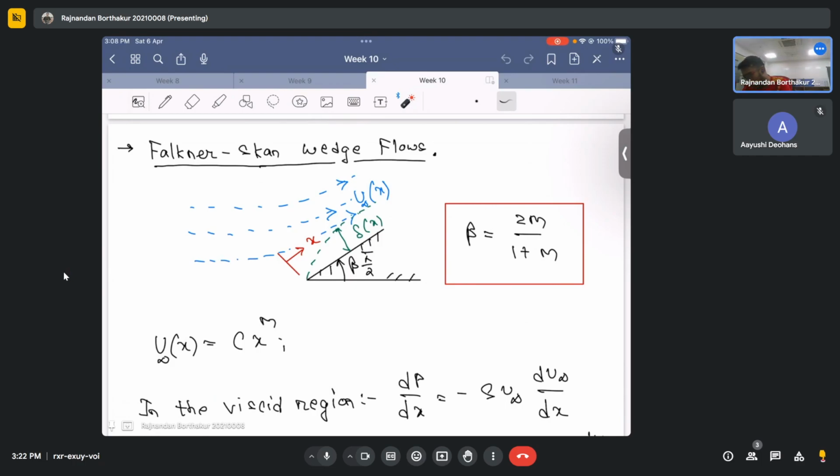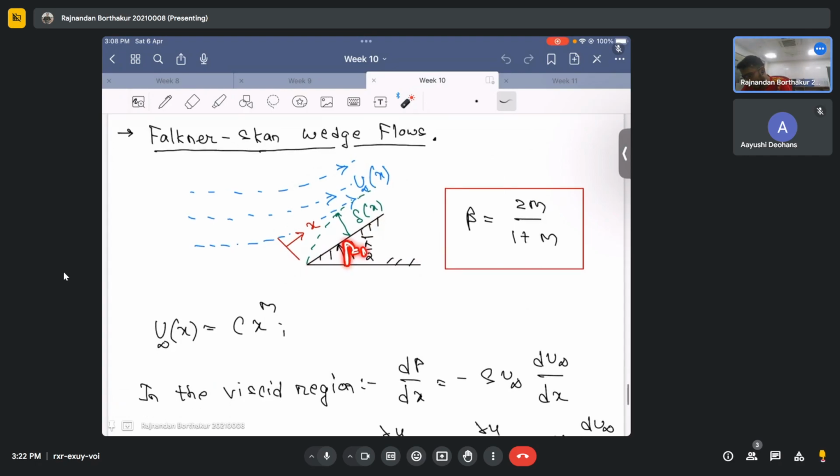However, if there is not a flat plate, for instance a flow over a wedge, which you can see here, and the wedge angle in radian is given by some beta times pi by 2, where you don't need to worry about this pi by 2 factor, it's just a scale factor. This beta is basically the wedge angle in radian.